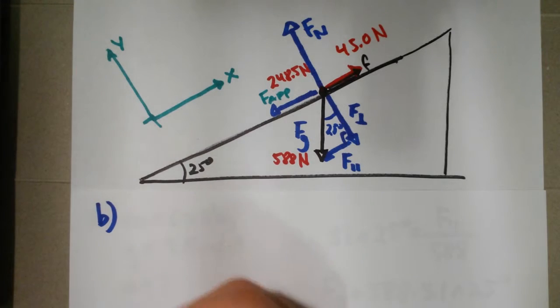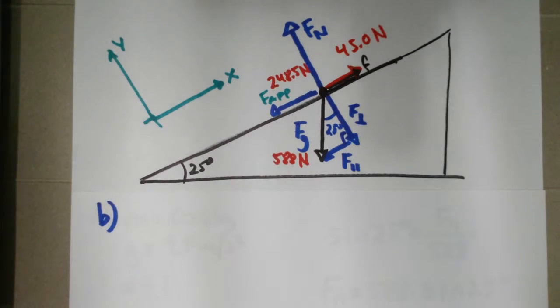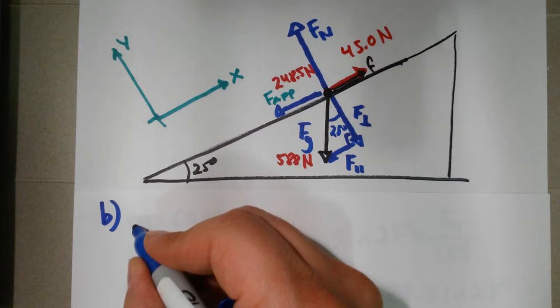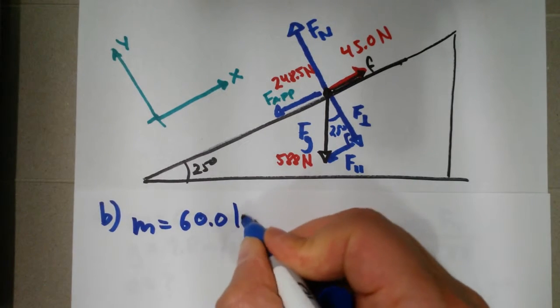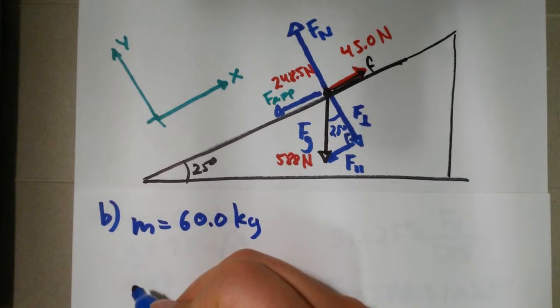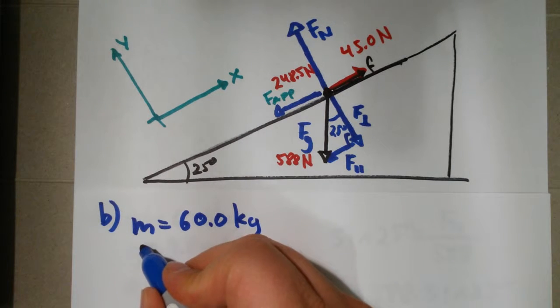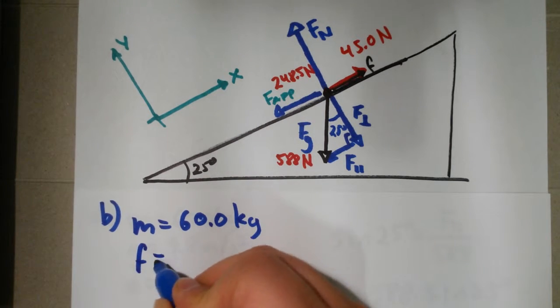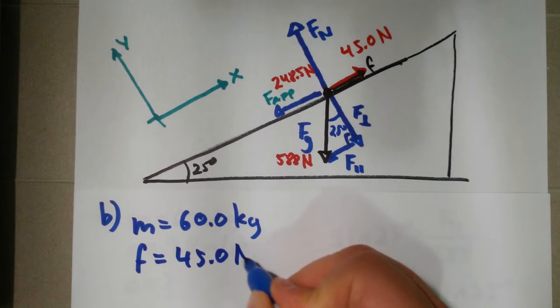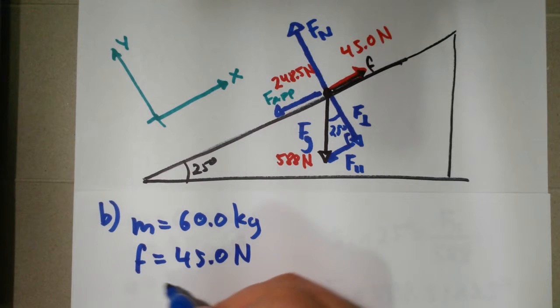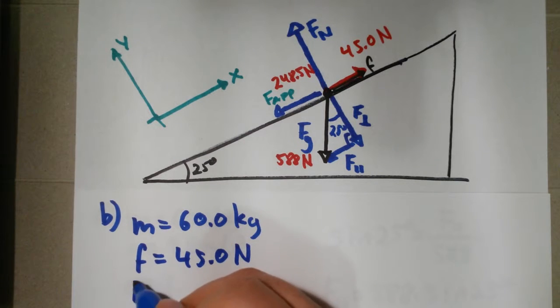Okay, let's start collecting our data, what we have so far. Once again, we know that the mass of our skier, with the equipment, is 60 kilograms. We also now know that the force of friction is 45 newtons, and we also learned from the previous example what our applied force is.